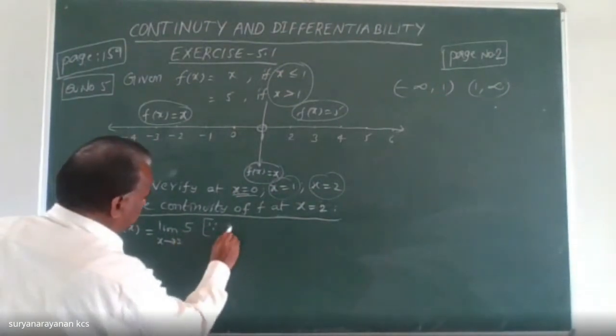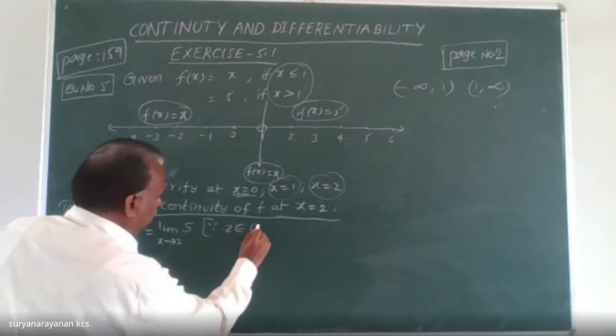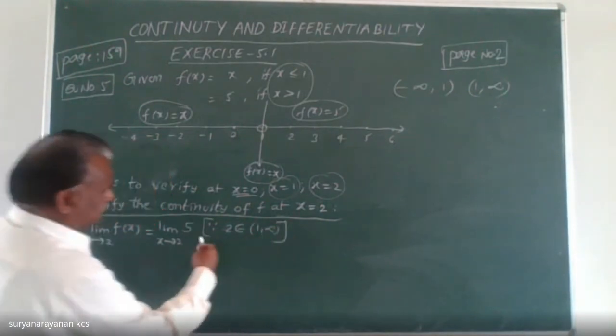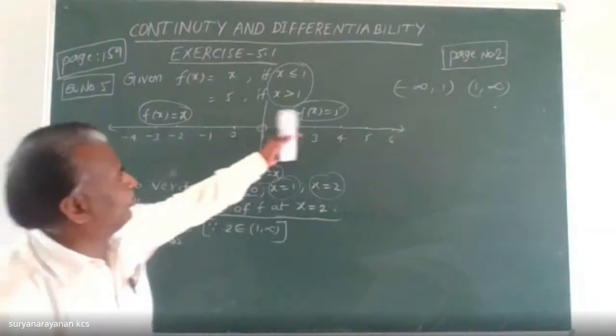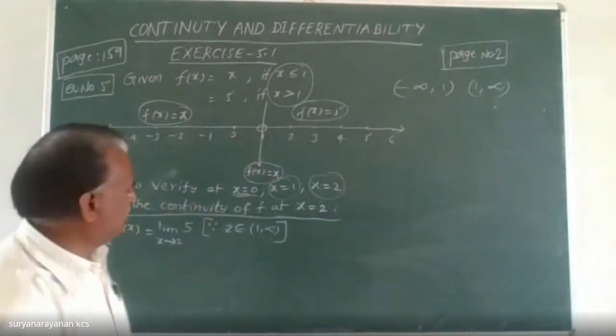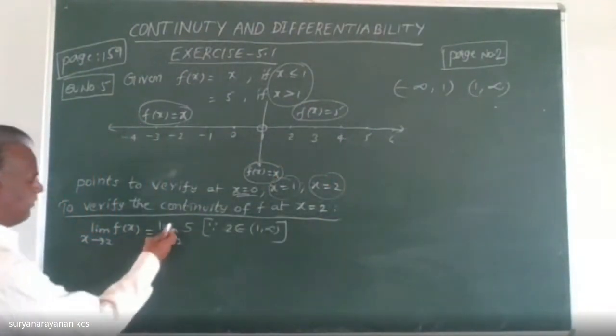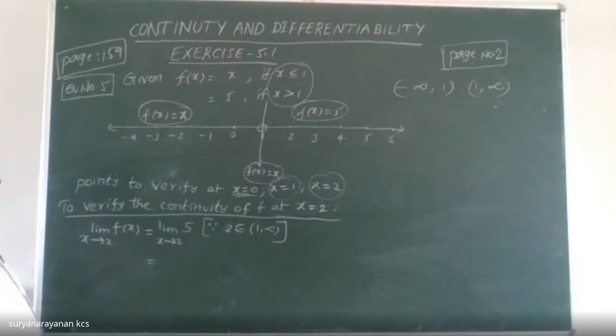Because 2 belongs to 1 comma infinity. This number belongs to this interval only. So what is the limit of this function? 5, sir.